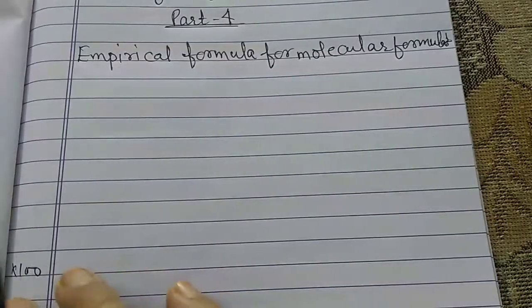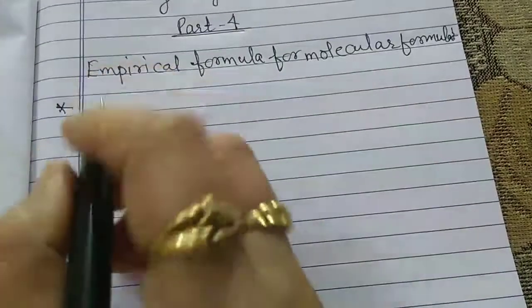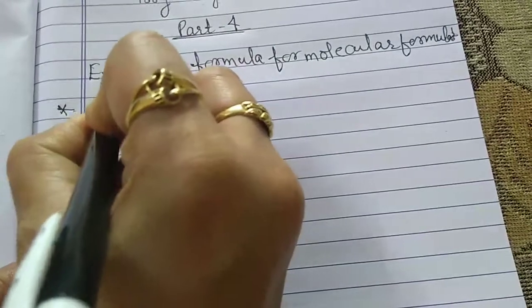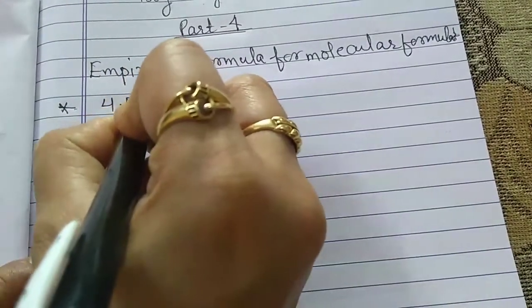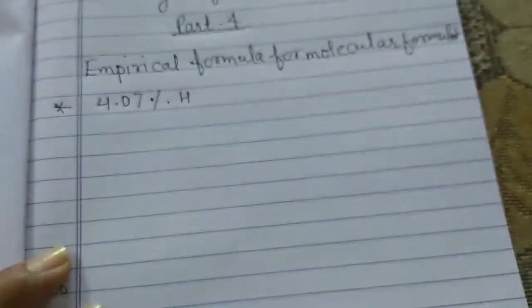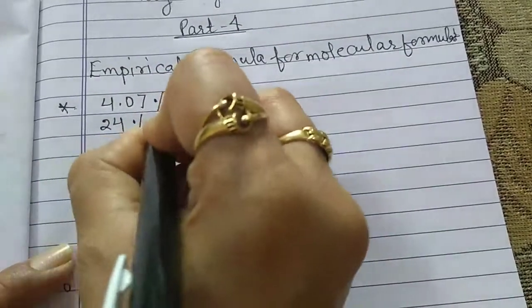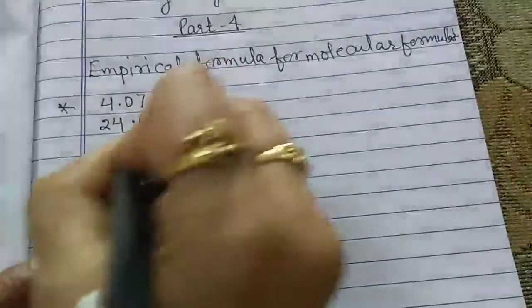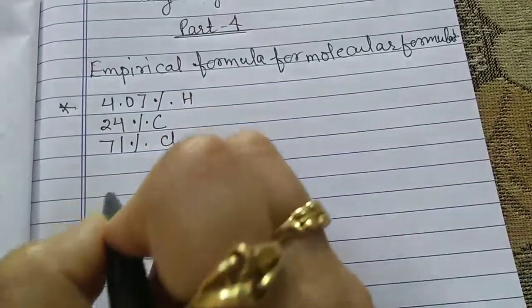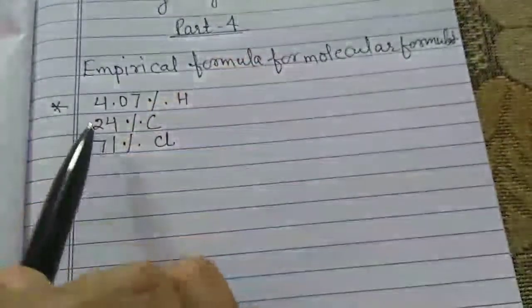For example, there is a question that a compound contains 4.07% hydrogen, 24% carbon, and 71% chlorine.